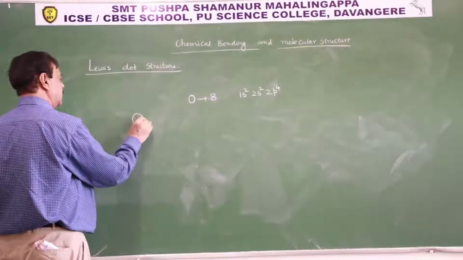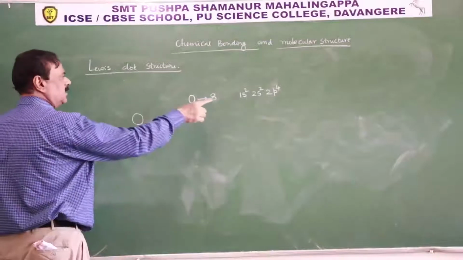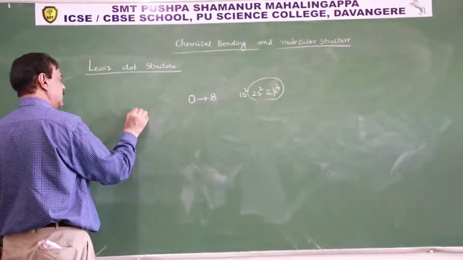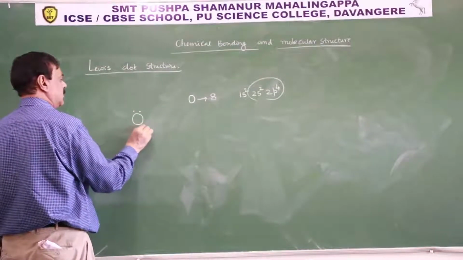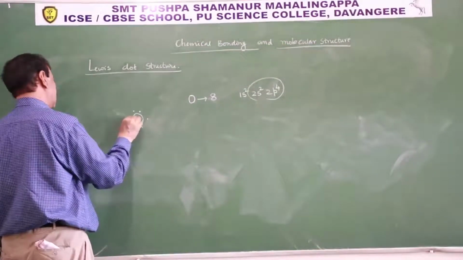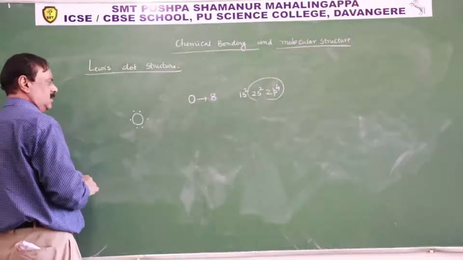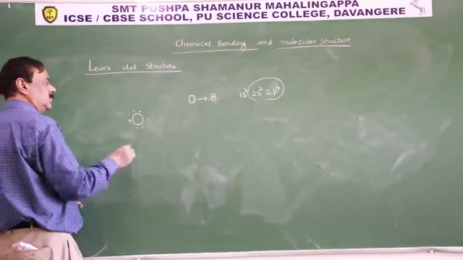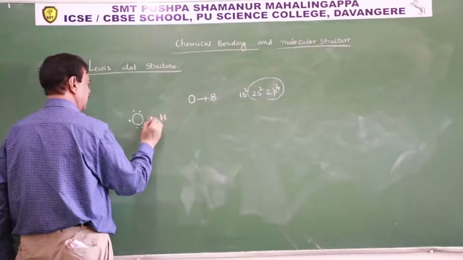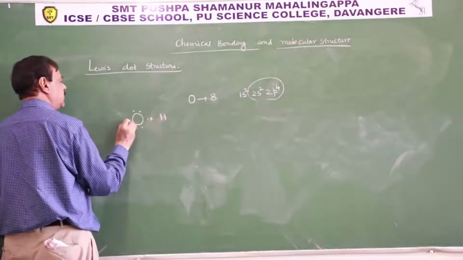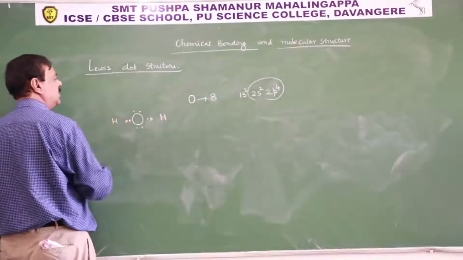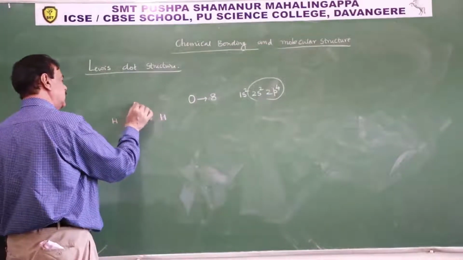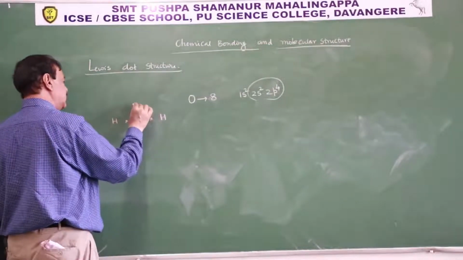During the chemical reaction, six electrons will be there on the oxygen atom, and for hydrogen, 1 electron. Therefore, here it is an octet state.